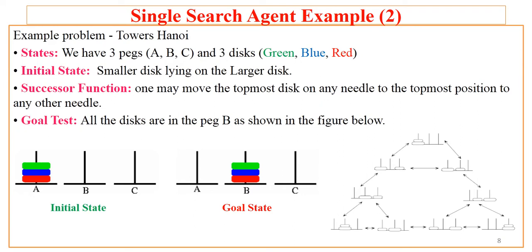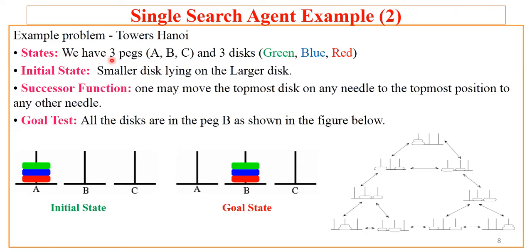The next problem we see under this single search agent is the Tower of Hanoi. Now we will try to formulate this Tower of Hanoi problem using our same standard representation. What is the state space?